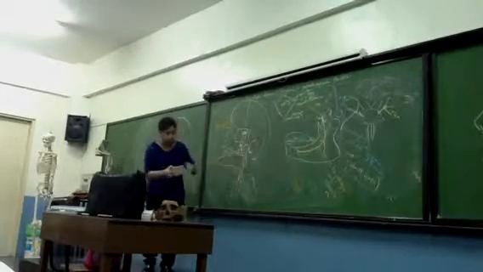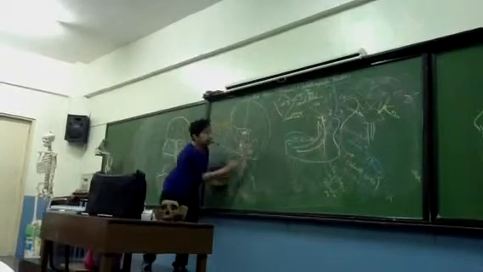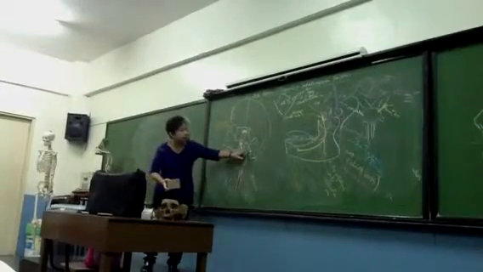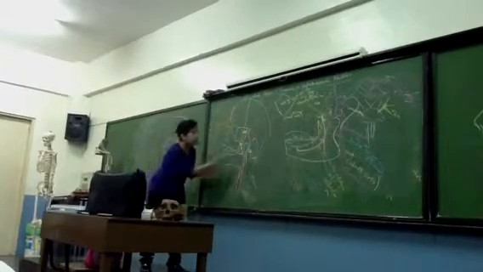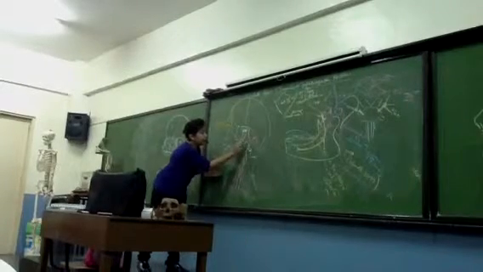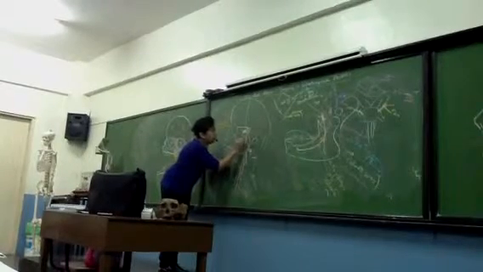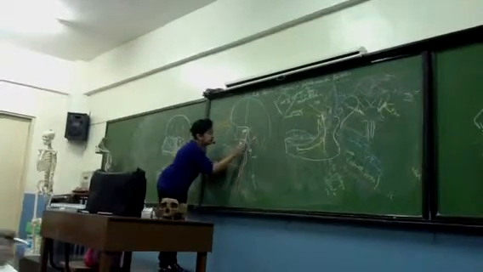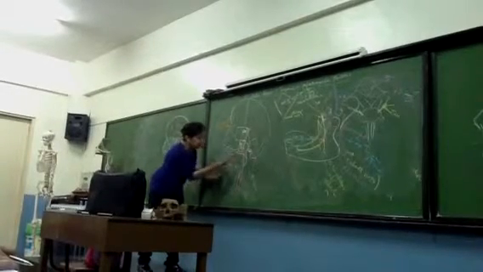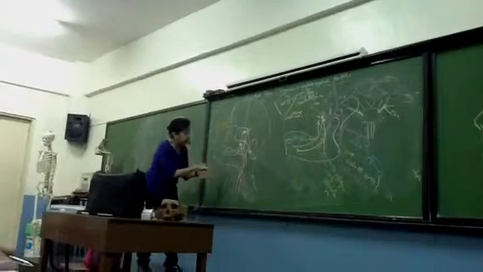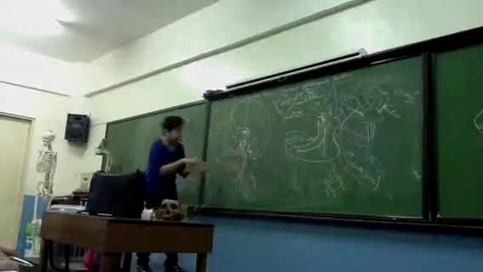Coming from the first, you have branches going to your tympanic membrane and your external acoustic meatus. And then you have also branches going to your foramen spinosum. What could that be? Middle meningeal. And there's a branch coming from the first going to the mandibular foramen. What could that be? Inferior alveolar.